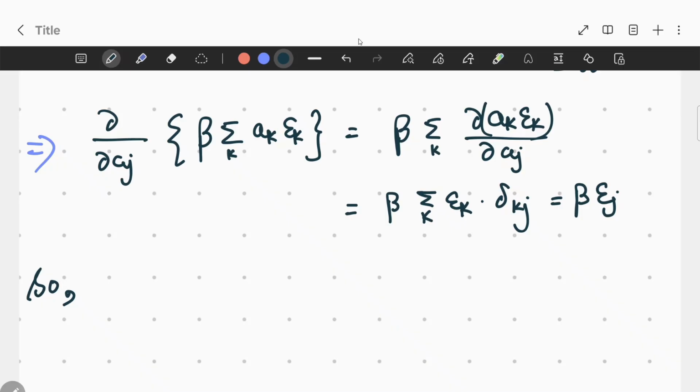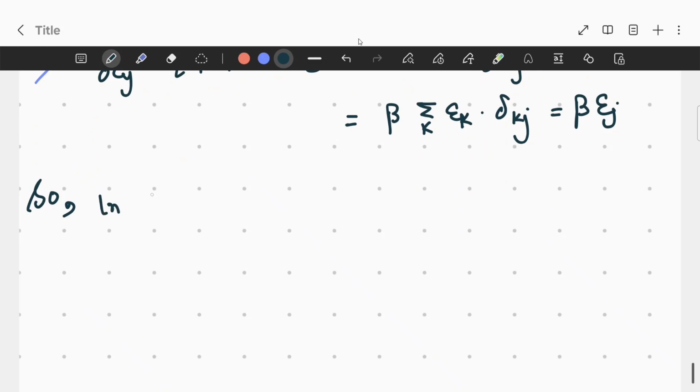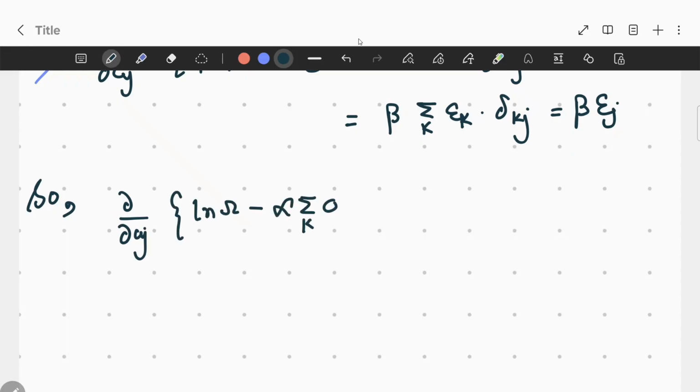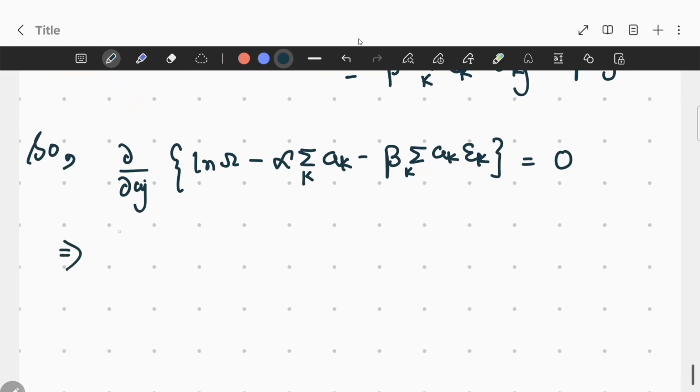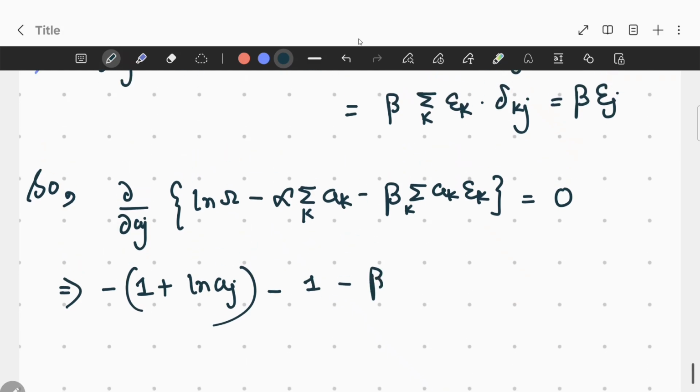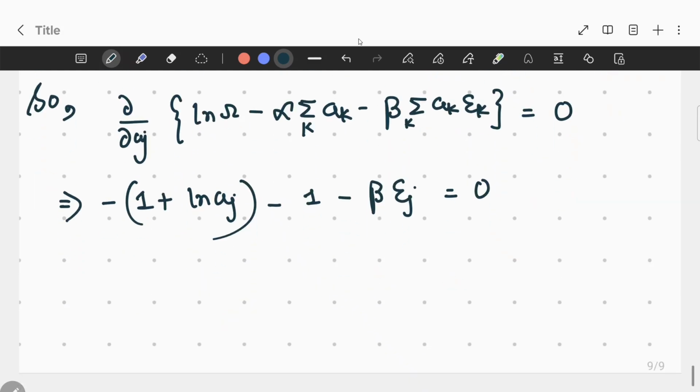So what we get: this is equal to 0, and this part we get minus 1 plus ln a_j, then minus alpha, then minus beta e_j equals to 0.